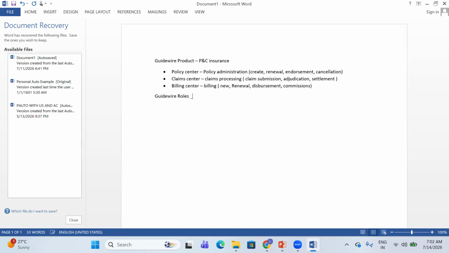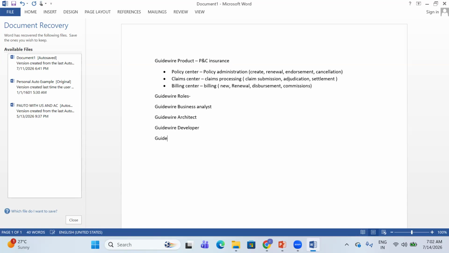Guidewire roles are four. Guidewire Business Analyst roles, that's what we are learning. We are in this role. Second, you will find Guidewire Architect roles. Next, Guidewire Developer roles.